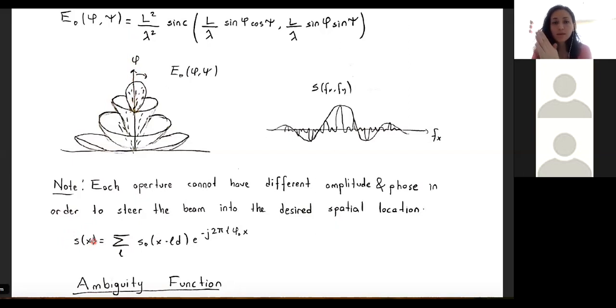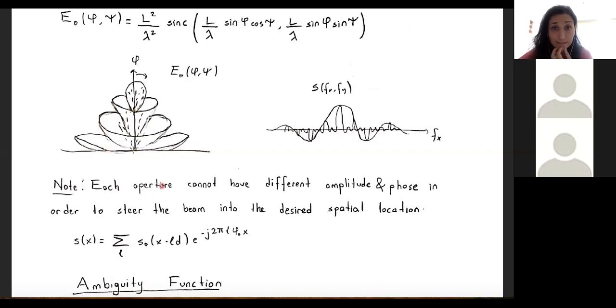So you can steer your beam into a desired spatial angle. That's known as beamforming as well, related to digital beamforming. It can be analog as well.